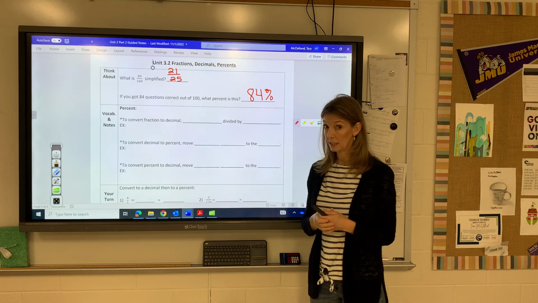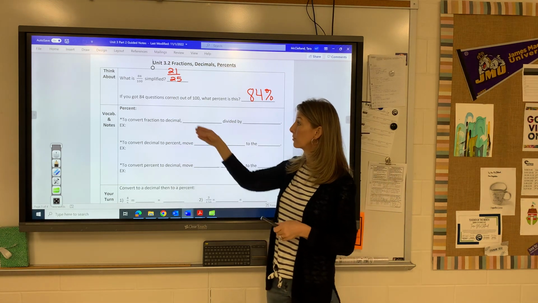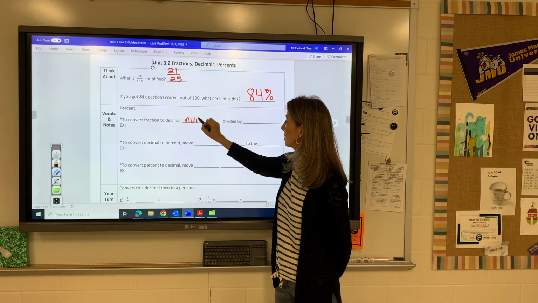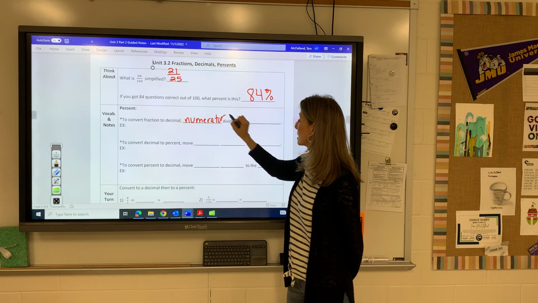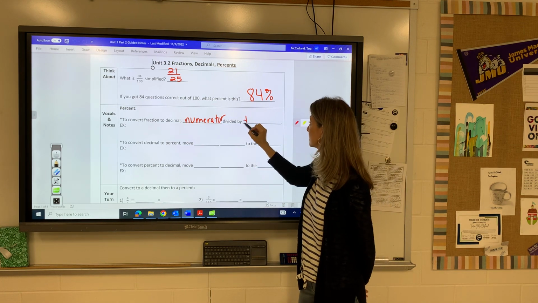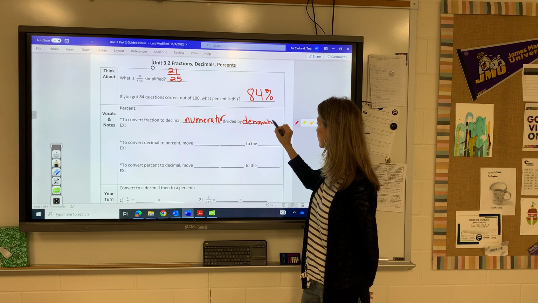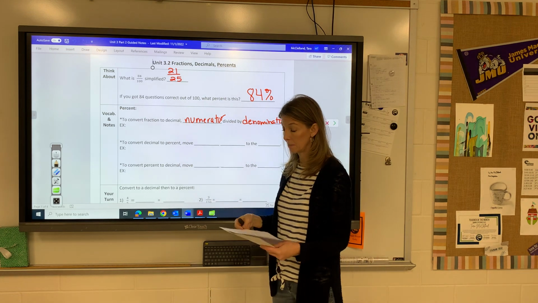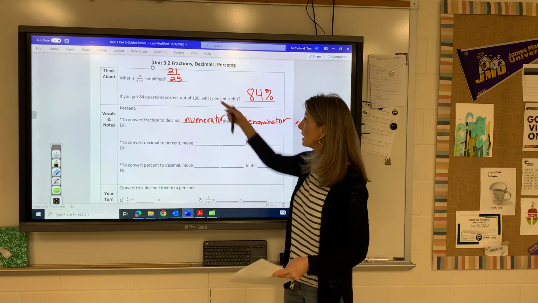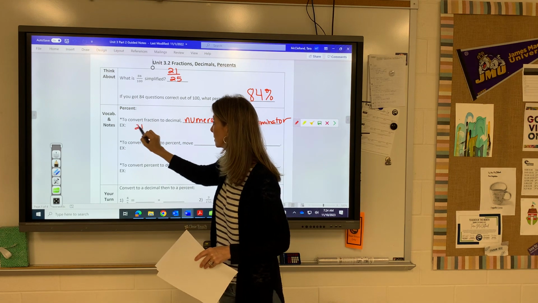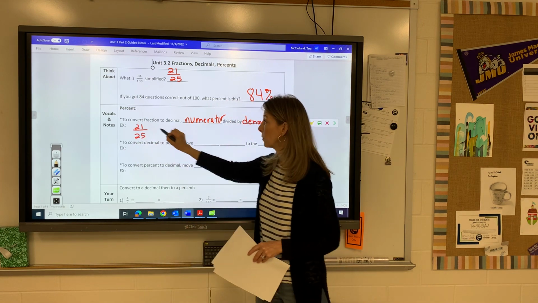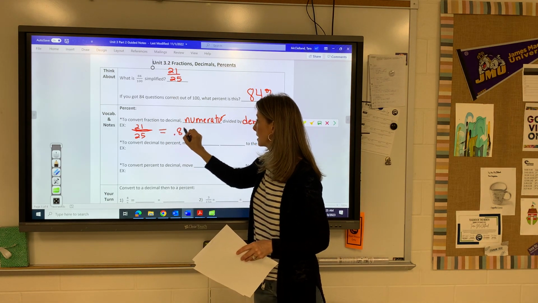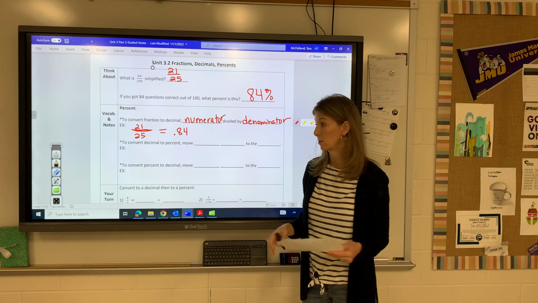In terms of converting, to convert a fraction to a decimal, it's the numerator divided by the denominator. So, looking at our example that I have here, if we take that 21/25, and we know this line here means to divide, we of course get the decimal 0.84, 84 hundredths.